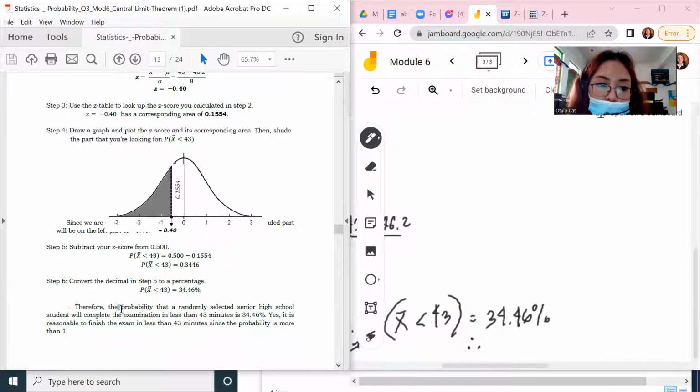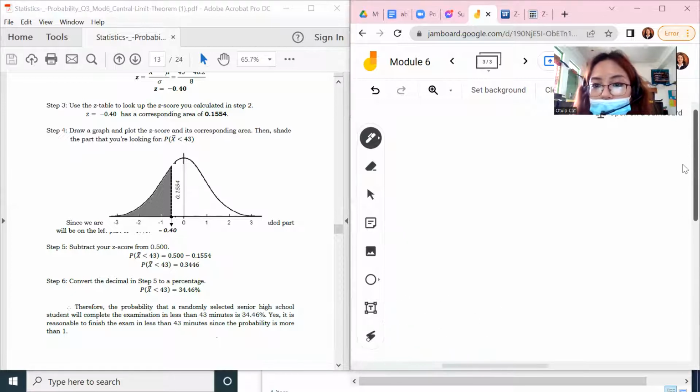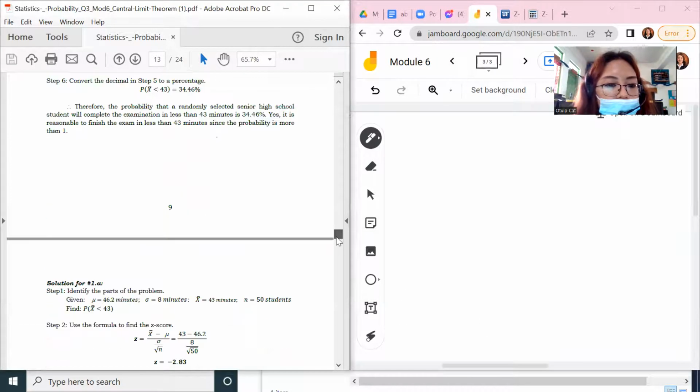Therefore, the probability that a randomly selected senior high school student will complete the examination in less than 43 minutes is 34.46%. It also means it is reasonable to finish the exam in less than 43 minutes since the probability is more than 1%.